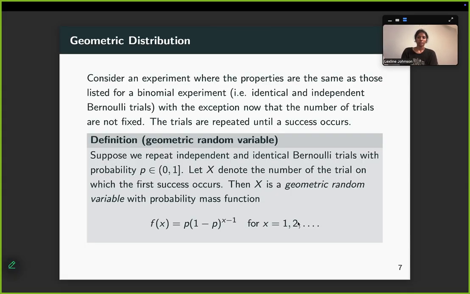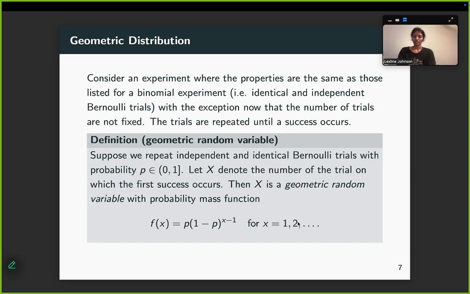Next, we have geometric distributions. Consider an experiment where properties are the same as those for binomial experiments, where we have identical trials and each trial is independent, except now the number of trials isn't fixed. Instead of doing a fixed number of trials, we're doing trials until we get our first success. So our geometric random variable definition is the following.